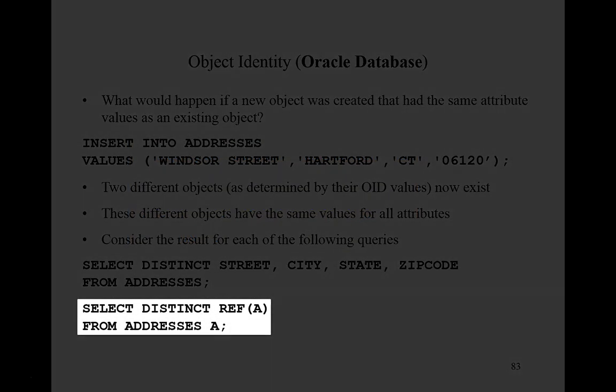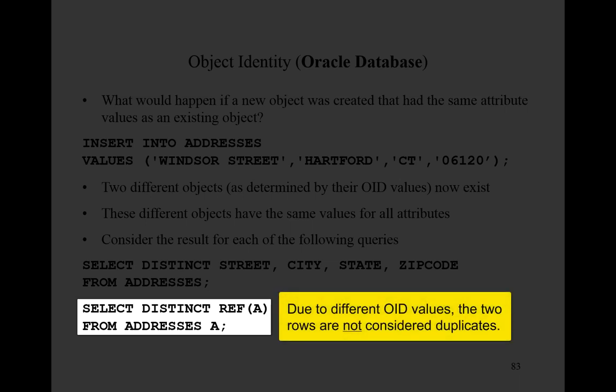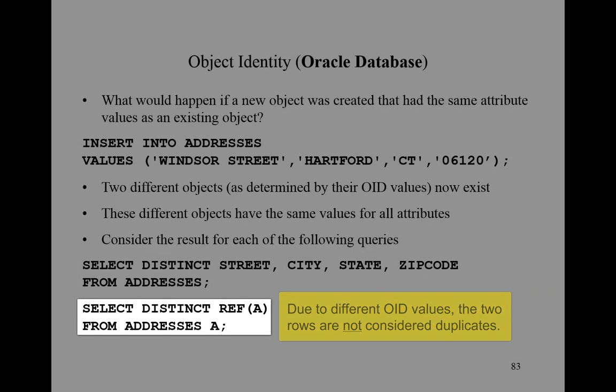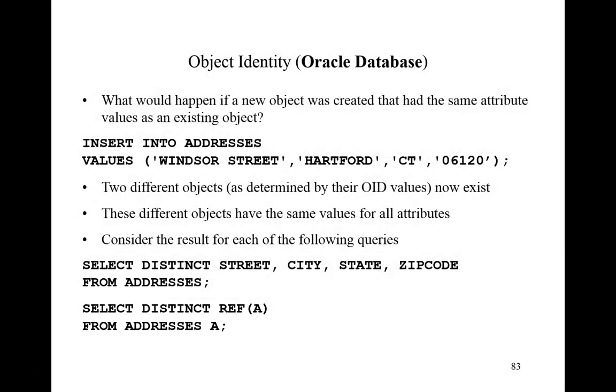In the second case, because we're looking for distinct references, there are two different references for these two rows. So we would have two rows in the result of the second query and only one row in the result of the first query for the objects that pertain to Windsor Street.